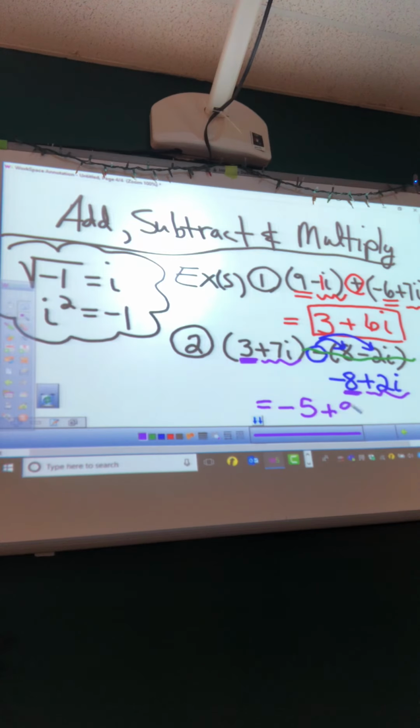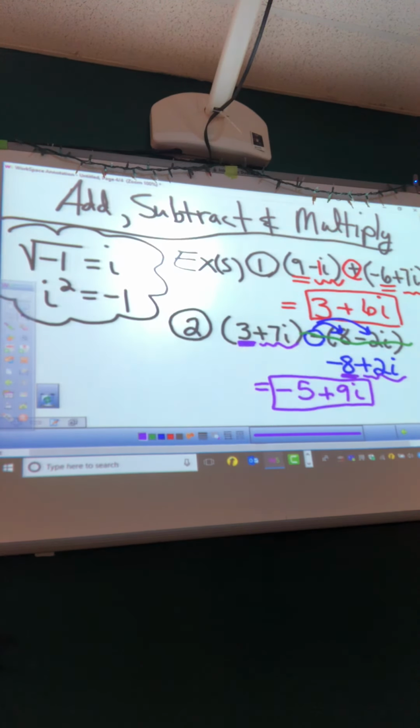Plus 9i. And that would be my answer. Alright? Adding and subtracting, and on subtracting, distribute the negative, less likely to make that error. Okay? Still pretty easy, right? Combining like terms?